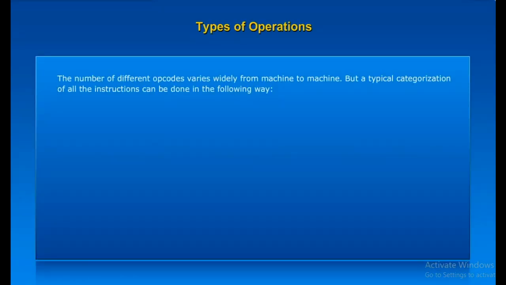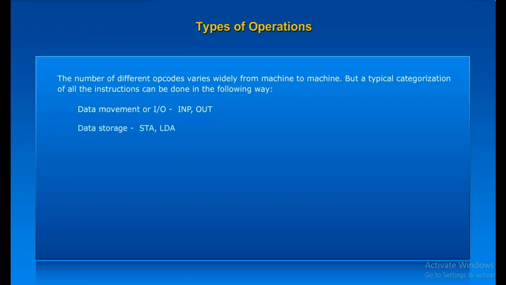The number of different opcodes varies widely from machine to machine, but a typical categorization of all the instructions can be done in the following way. A few instructions of the basic computer instruction set can be recognized as one of these types. INP, OUT are data movement or I/O instructions.